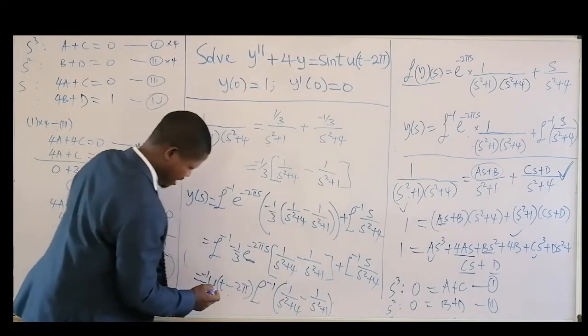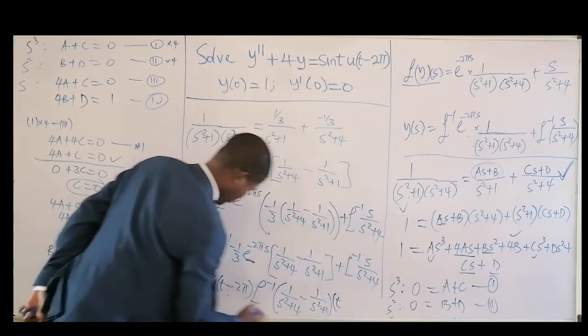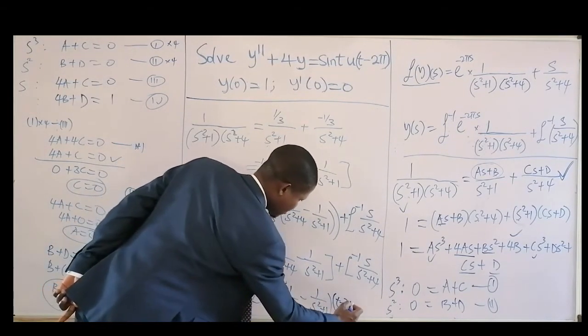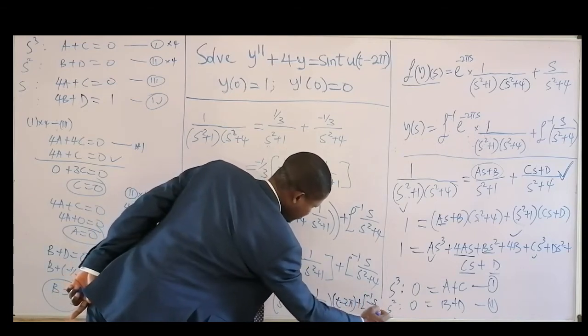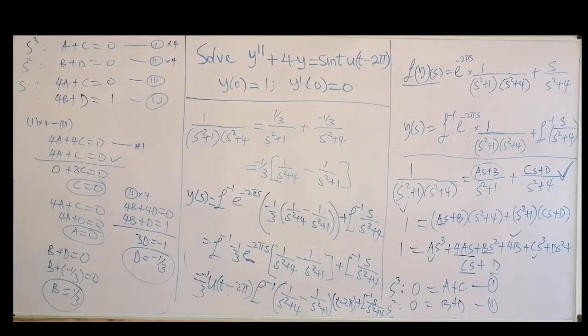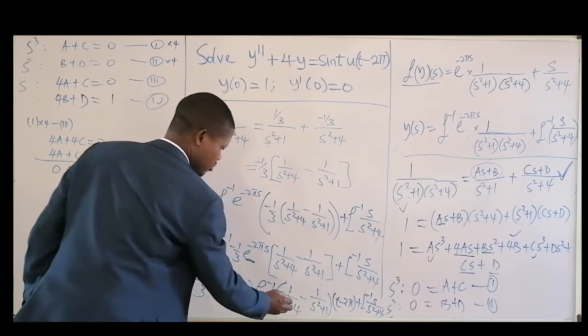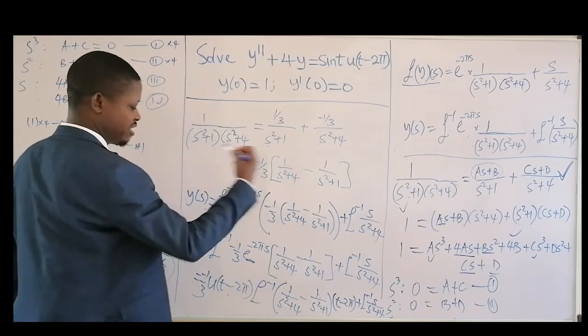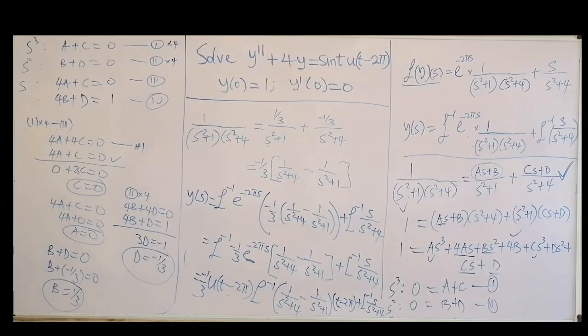When you have the unit step, you also have to put t minus 2 pi there, then plus inverse of x over s squared plus 4. The essence of t minus 2 pi is that the moment you do the inverse of this expression, anywhere you see your t, you put t minus 2 pi there. So that's that.